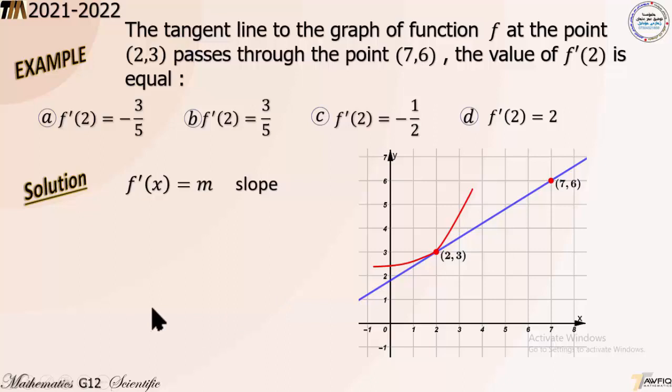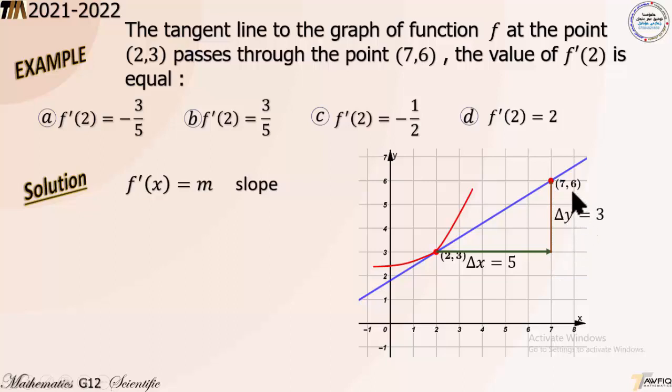To find the slope of the graph, we can here use chapter 1, lesson 2. As you can see, this distance is delta x, changing horizontally. This is equal to 5. Why? We can find it in 2 ways. 1, 2, 3, 4, 5. Or we can say 7 minus 2 is 5. That means delta x is 5. And this is delta y. As you can see, 1, 2, 3. That means delta y is equal 3.